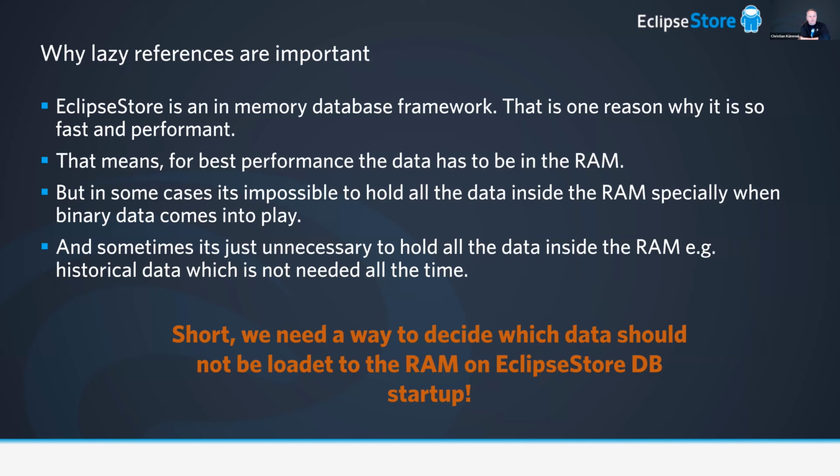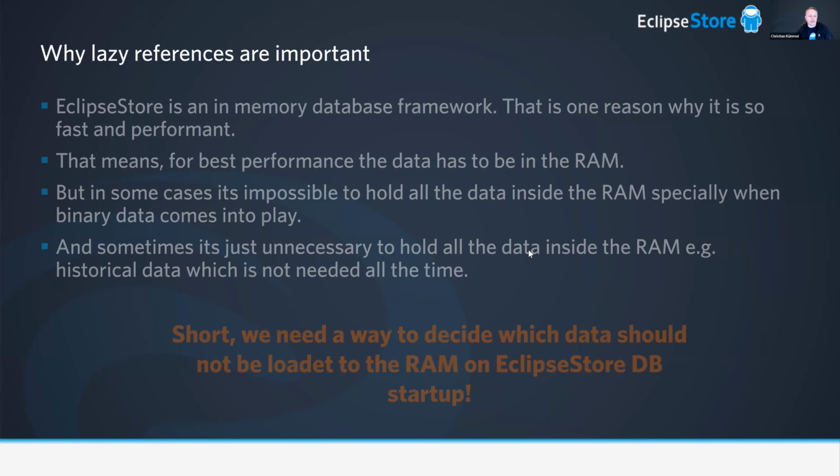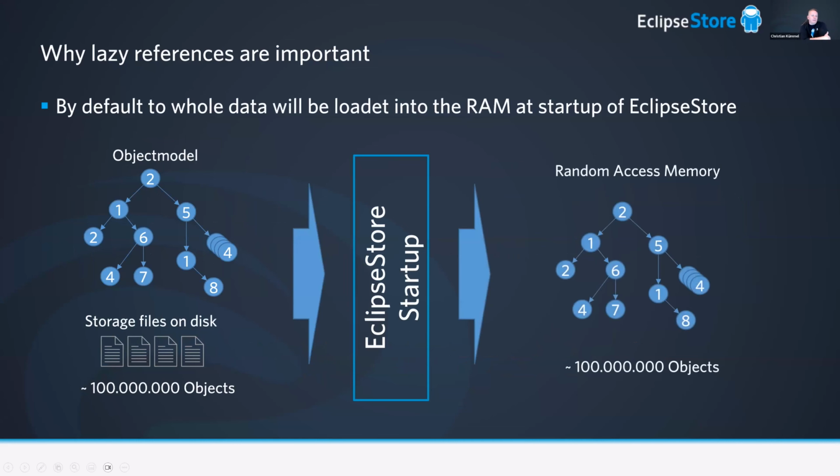But for data which is not necessary to have all the time, you can use the lazy mechanism. And as I said, everything below a lazy reference stays on the hard disk. The basic behavior of EclipseStore is that when, let's say, we have 100 million objects within the object graph and you start up EclipseStore, these 100 million objects are loaded in the RAM.